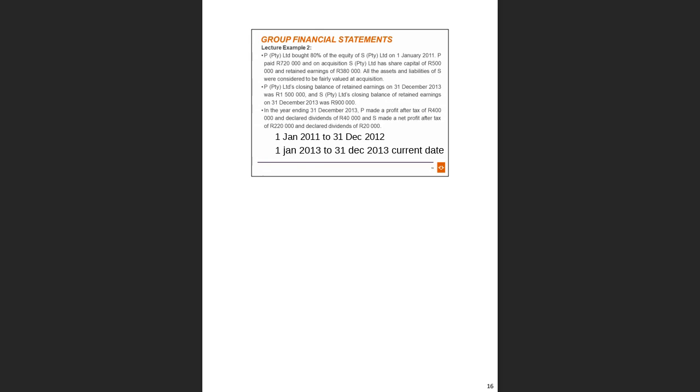So who can tell me, in the question here, what is the current year amount in our post-acquisition retained earnings? You told me that the post-acquisition retained earnings was 520,000 Rand. What is the retained earnings amount in there that relates to the current year?